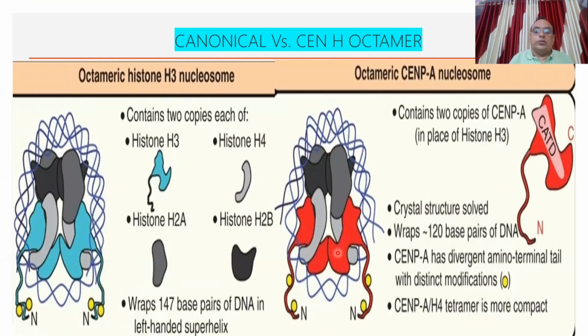Here you have CENH3, or CNP-A, whatever you may call it. And here you have 2 molecules of histone 4 attached to this, and here 2 molecules of histone 2A and 2 molecules of histone 2B. So in this octamer, what is the basic difference? The basic difference is that the H3 found in the canonical nucleosome has been replaced by CNP-A in place of histone H3.